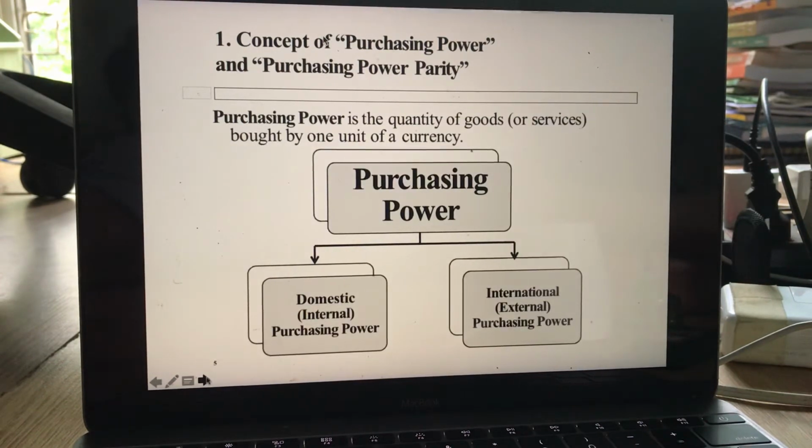There are 2 types of purchasing power: the domestic purchasing power and the international purchasing power. In other words, we have the internal purchasing power and external purchasing power. Purchasing power is the quantity of goods bought by 1 unit of currency.